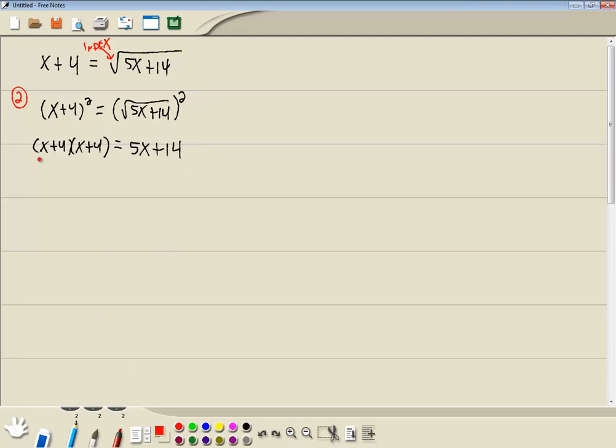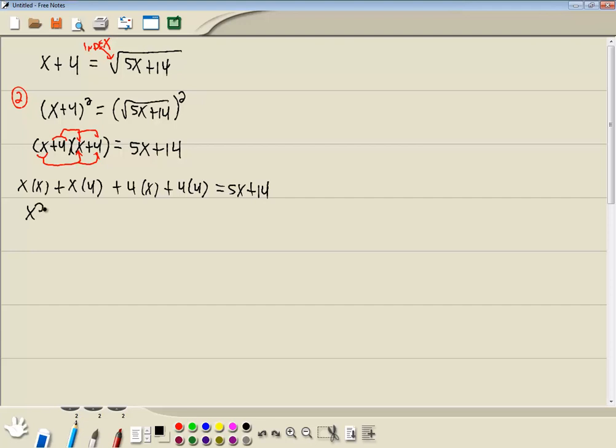Now over here we'll multiply these together. FOIL, if you learned that technique. So we'll take the x, multiply times the x, multiply times the 4. And we'll take the 4 and multiply times the x and times the 4. So we got x times x first, x times 4 outer, 4 times x inner, and 4 times 4 last, equals 5x plus 14.